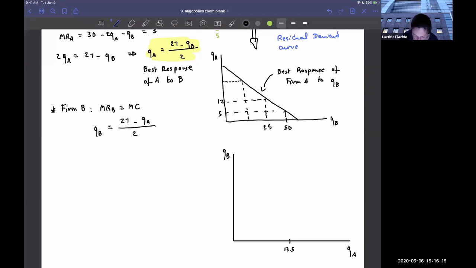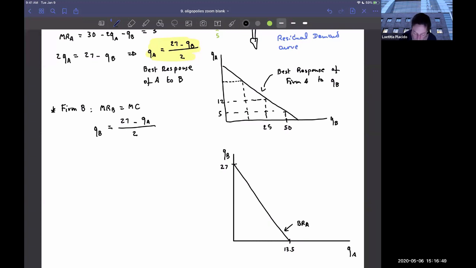And when QA is equal to 0 here, then you find that QB is 27. Okay, so that's the best response of firm A.